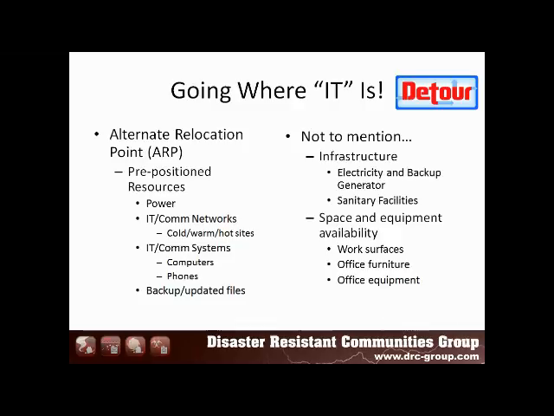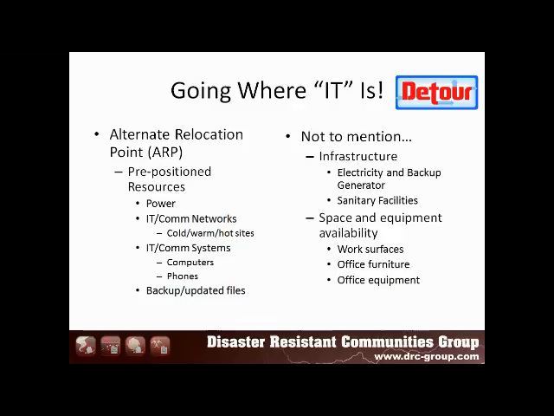Types of alternate relocation points include hot sites, a continuity facility that already has in place the computer, telecommunications, and environmental infrastructure required to recover critical business functions or information systems, or a warm site, a continuity facility that is equipped with some hardware and communications interfaces, electrical and environmental conditioning, which is capable of providing backup after additional provisioning, software, or customization is performed.